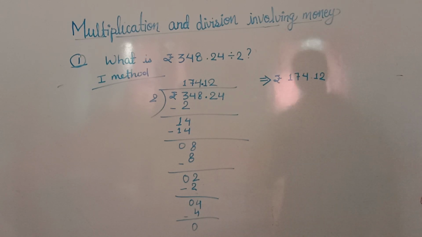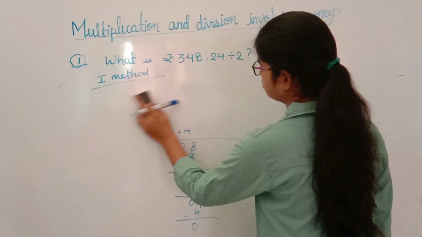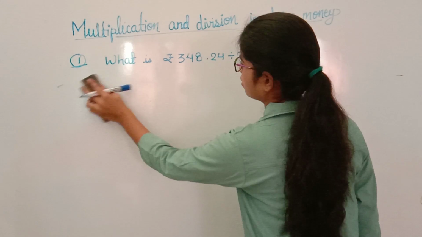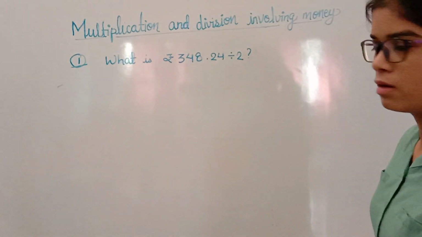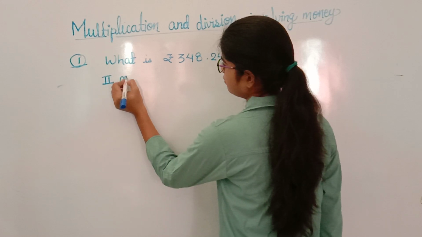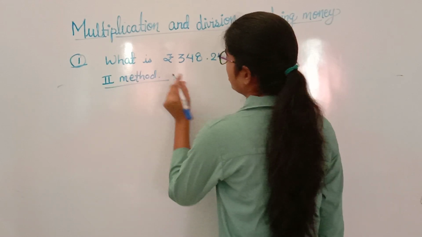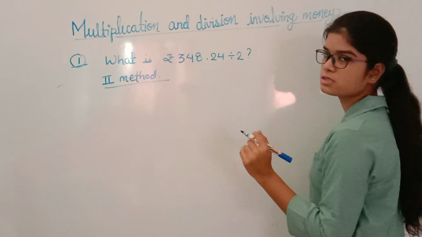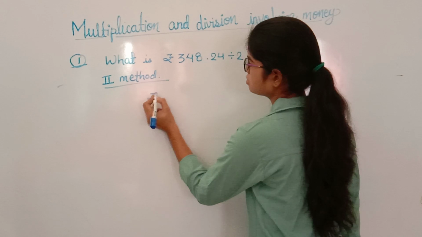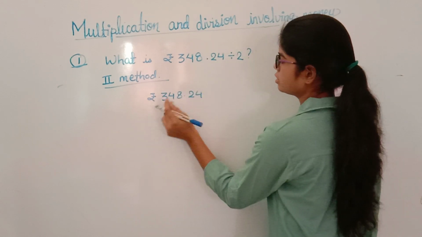The second method: firstly we multiply by 100 to convert into paise. This is rupees 348.24, which is given.